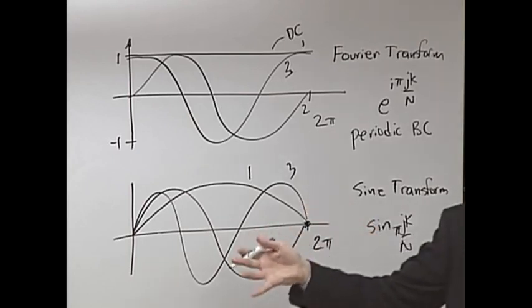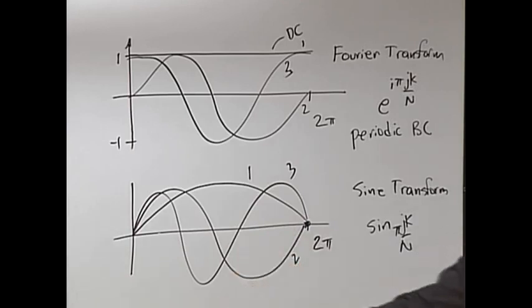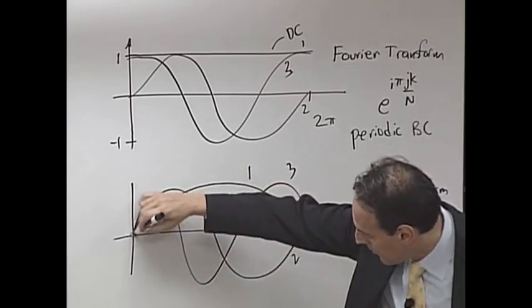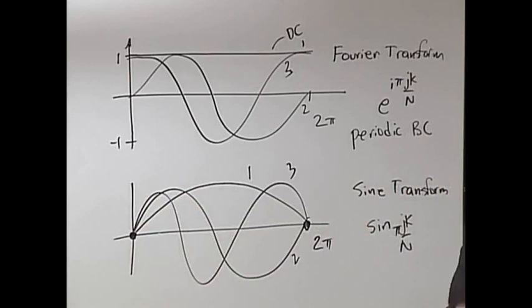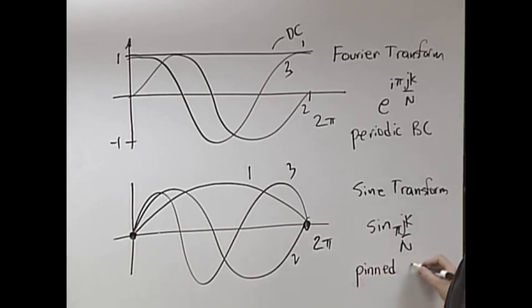Now we ask the following question: what are the boundary conditions now? If I'm using this half angle thing, then notice where everybody goes from and where everybody ends up. 0 and 0. So if you use a sine transform, what you have is pinned boundaries. So u at 0 is equal to 0, and u at 2 pi is equal to 0.